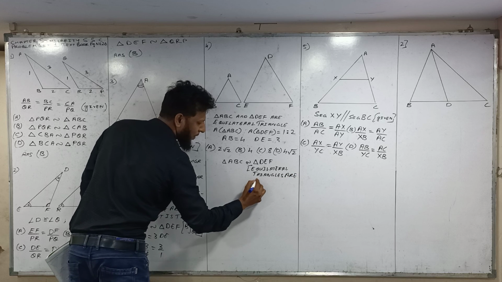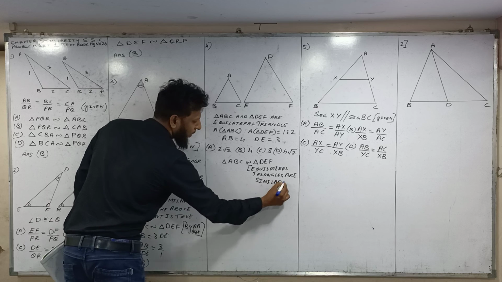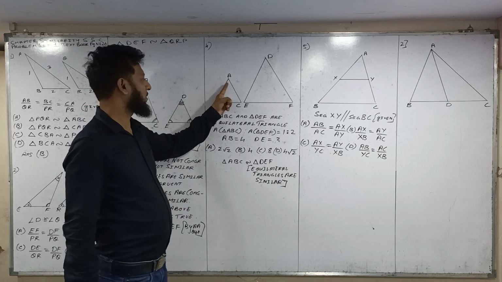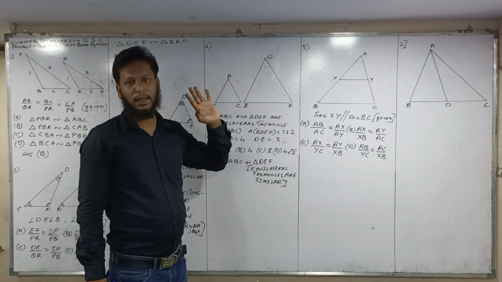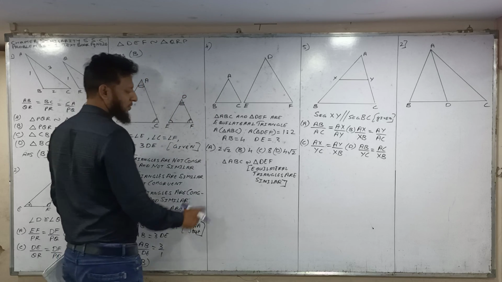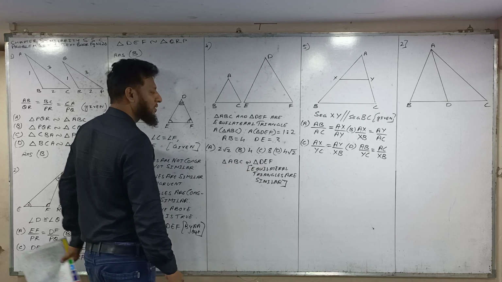Always remember this: if it is an equilateral triangle, then the triangles are similar. Equilateral triangle means all angles are 60, 60, 60 degrees.